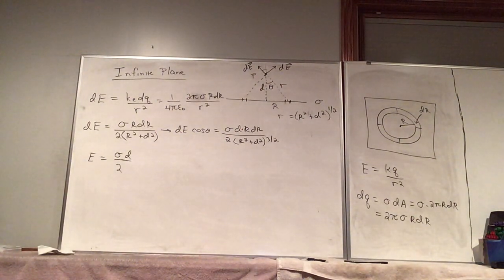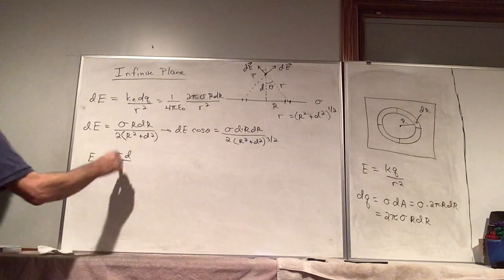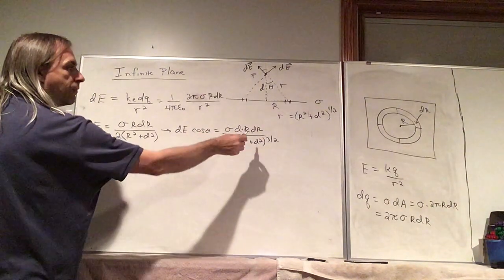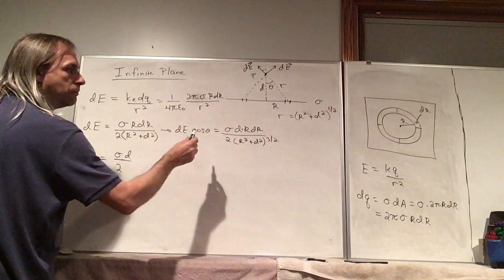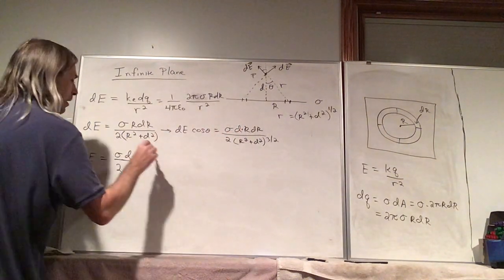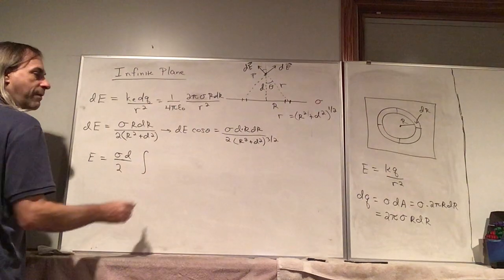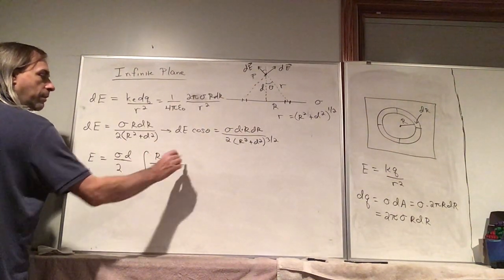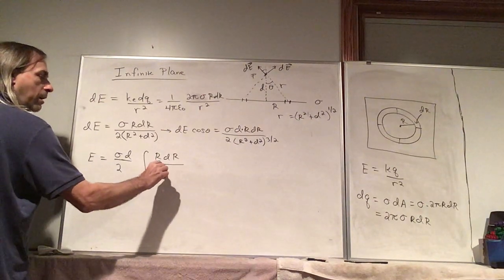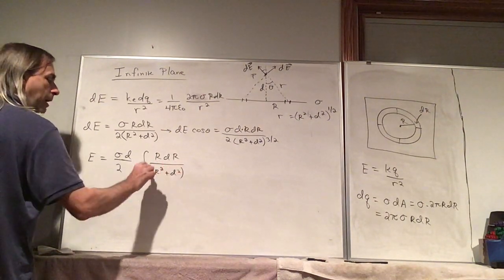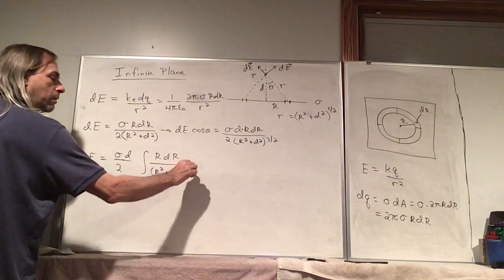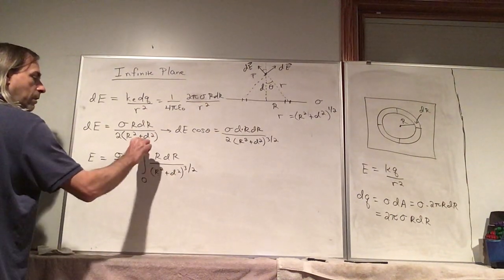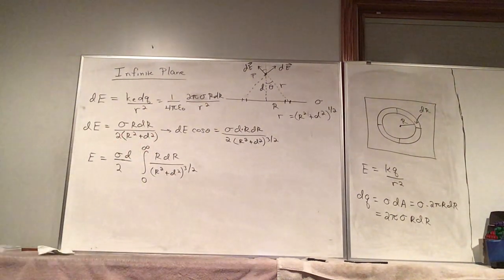Should have called it something other than a lowercase d. But anyways, we can take that out. And then we want to keep the other r there. And now we have the integral of r dr divided by r squared plus d squared to the 3/2, where r goes from 0 to infinity.